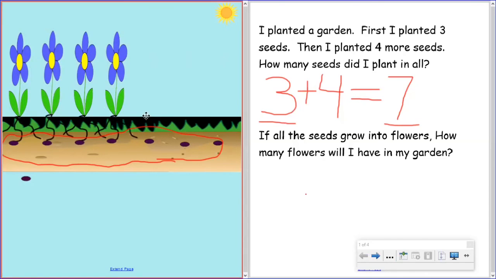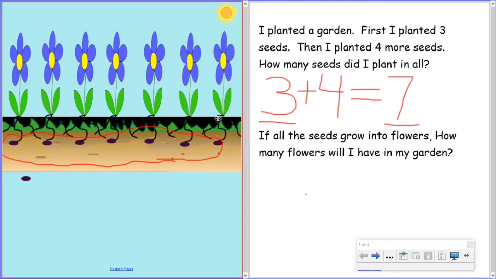If this seed grows, 5 flowers. If this seed grows, 6 flowers. And if this seed grows, 7 flowers. So how many flowers will I have in my garden? If all the seeds grow, I will have 7 flowers in my garden. Great job. Give yourself a round of applause.